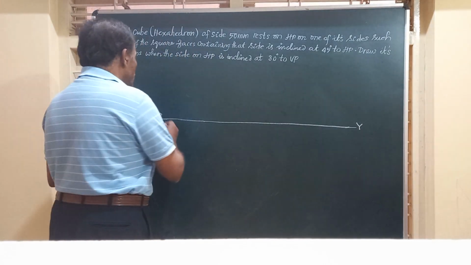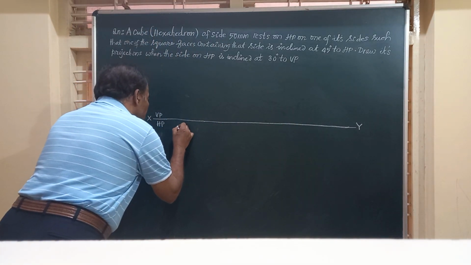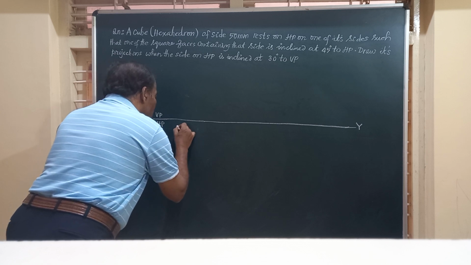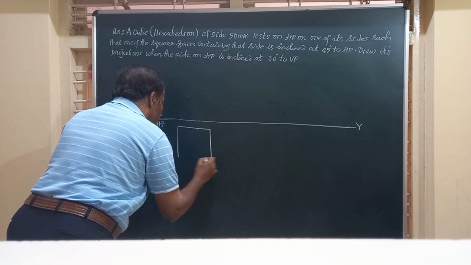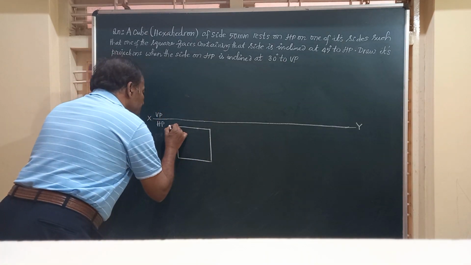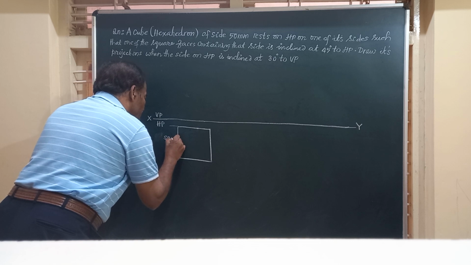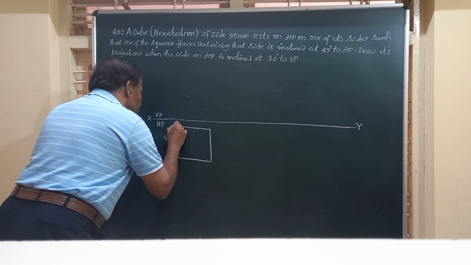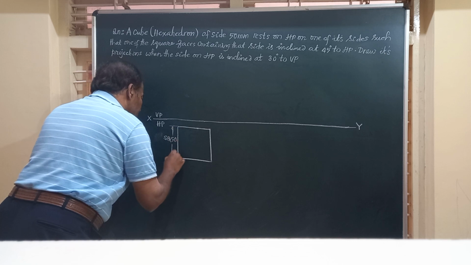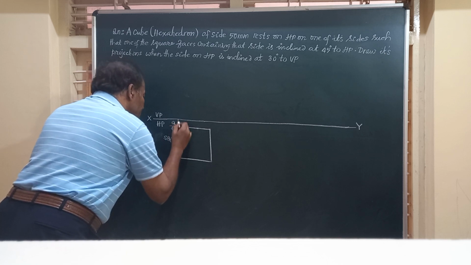So friends, I will just mark the XY line and then mark two squares, one for the top face and the other for the bottom face. So this is the top face and it has a dimension of 50 mm. I will call it SQ50, meaning all the sides measure 50 millimeter each. And we'll number these as ABCD.